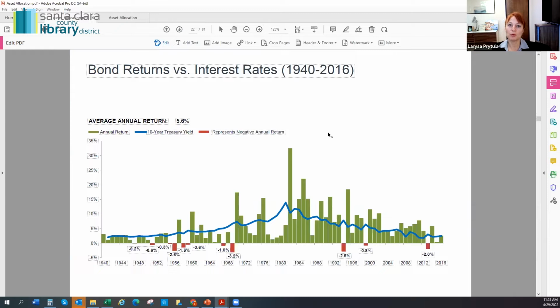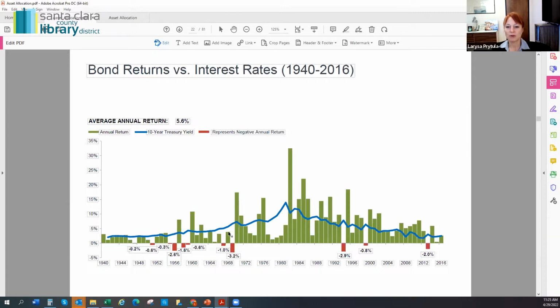Hopefully, many of you have looked at your allocation and know what kind of investments you have. I think if we are going into a recession, having some sort of bond allocation is prudent, especially for those who are approaching retirement or retired. Let's look at this bond return versus interest rates one more time.